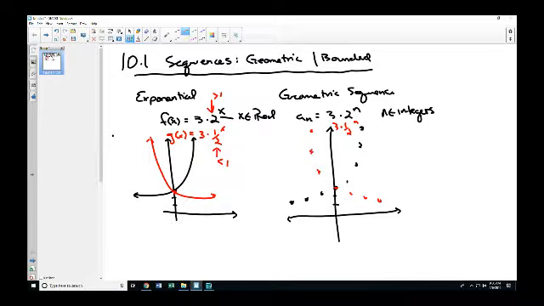In general, that is the format for a geometric sequence. So if you see the term geometric, it means multiply. See, it's C times R to the n.